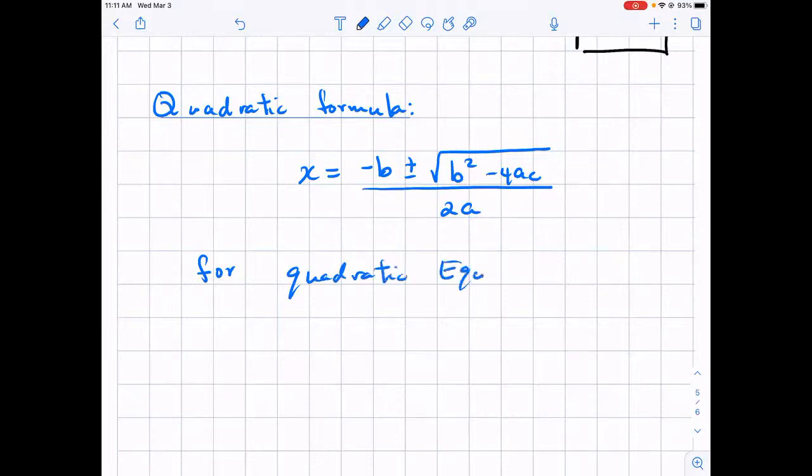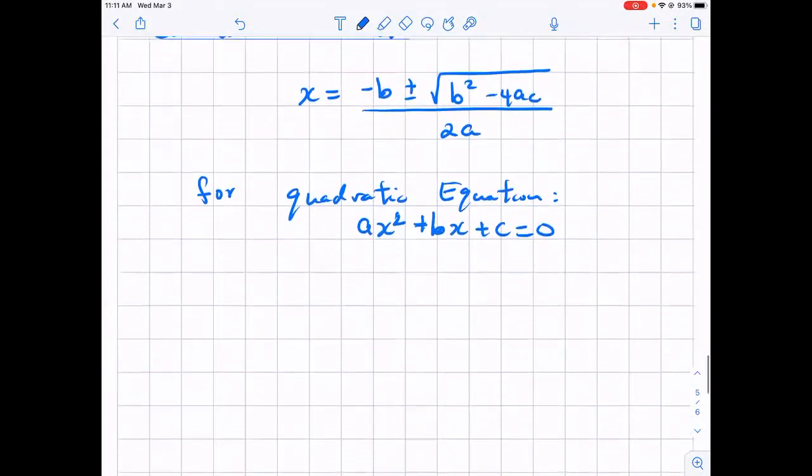A quadratic is ax squared plus or minus bx plus c equals 0. So that's something you have to remember. And please remember that a cannot be equal to 0.